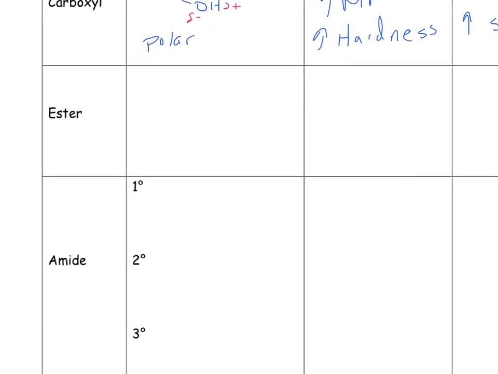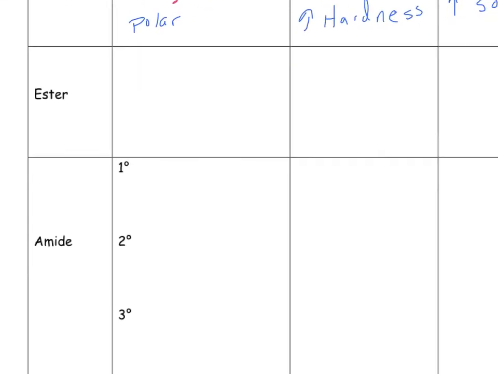An ester functional group combines an alkoxy and one of the carbons also has a carbonyl group attached. Because you have polar CO bonds, you end up with an overall polar compound.